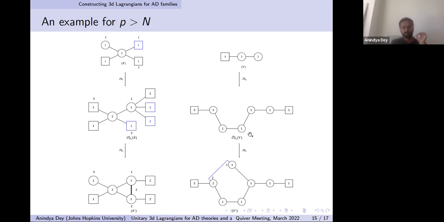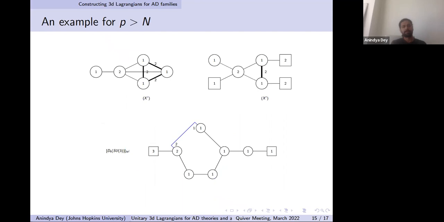Here you see that there is indeed an abelian hypermultiplet that appears, and the charges are given and so on. And this you can basically systematically do for the entire series of D_P(SU(N))s and also the D_P^{N-1}(SU(N))s. Again, here you can check that the Coulomb branch symmetries actually map nicely.